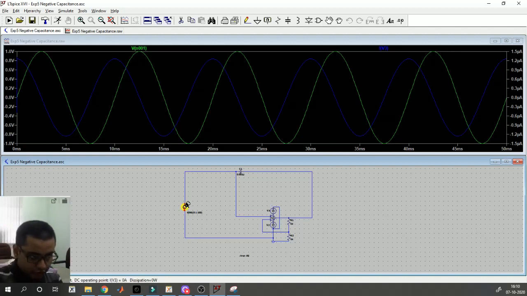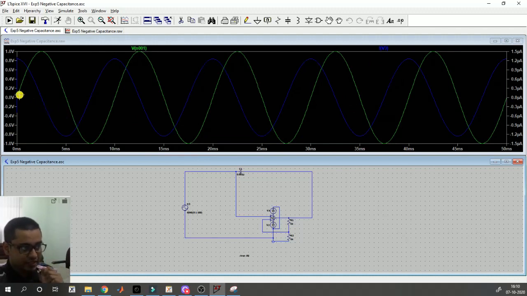However, by default, LTSpice is measuring current in the downward direction, while I want to measure it in the upward direction. No problem, I will just take the negative of this.